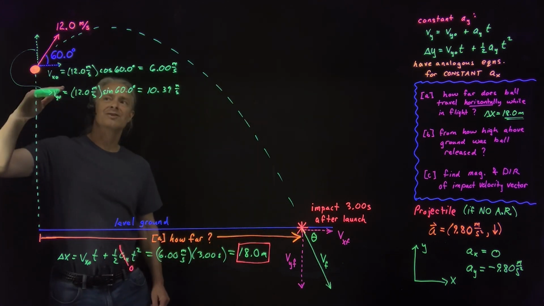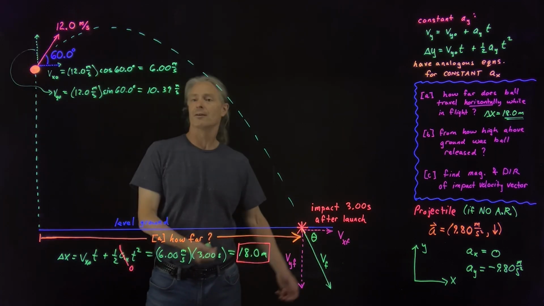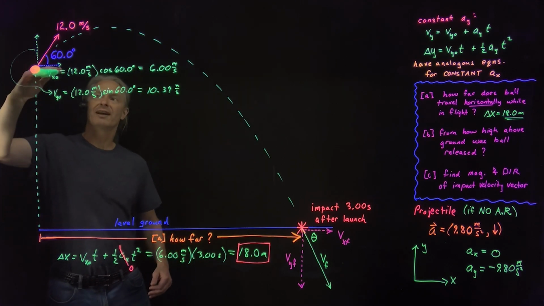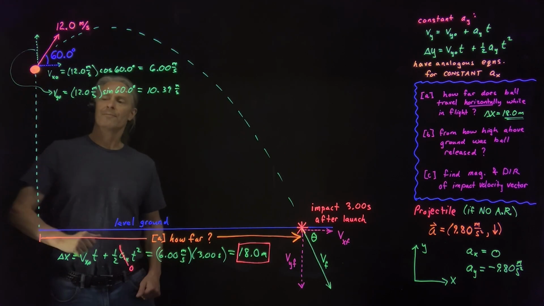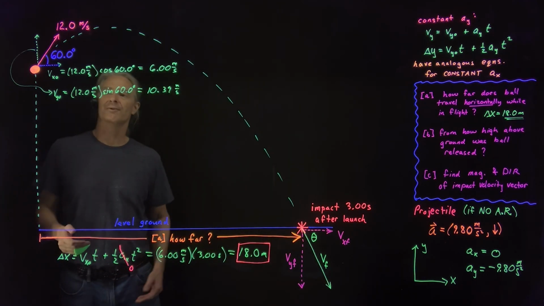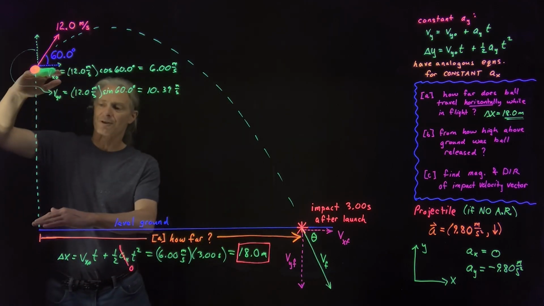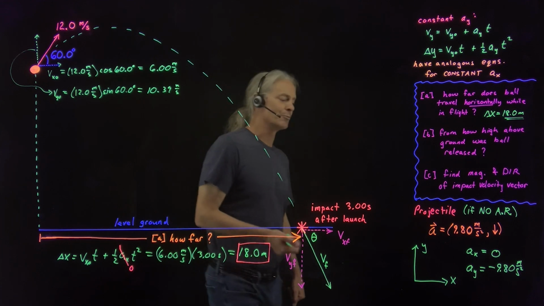During that 3 seconds, the ball goes up and comes down. That's just looking at its y component motion. So the net effect during this 3 seconds, going up and coming down, is just to go from here to there. So what we want to find is the y component of the displacement during this 3 seconds. That'll be from here to here. The amount of that will basically be the height above the ground that the ball was launched from.